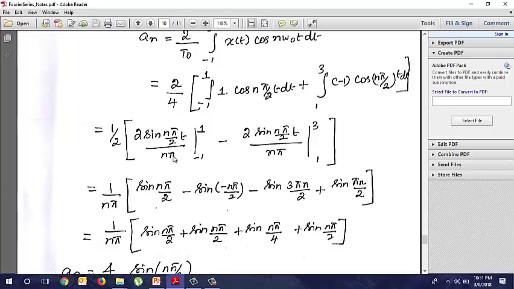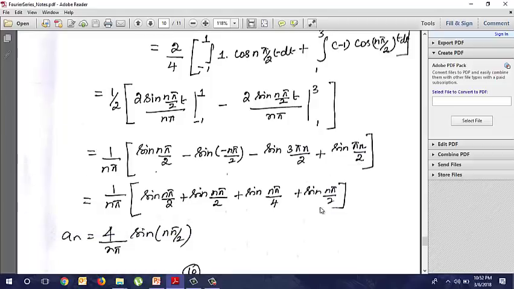And you are having n pi in the denominator, so 1 by n pi is taken out and you are having 4 times now. So sin n pi by 2 minus, n pi by 2 minus sin 3 n pi by 2 plus sin n pi by 2. Okay, so now if you see, this is n pi by 2, and this is an odd signal, so you get minus of minus, so it will be plus sin n pi by 2.